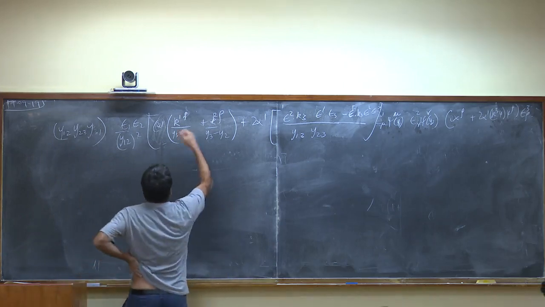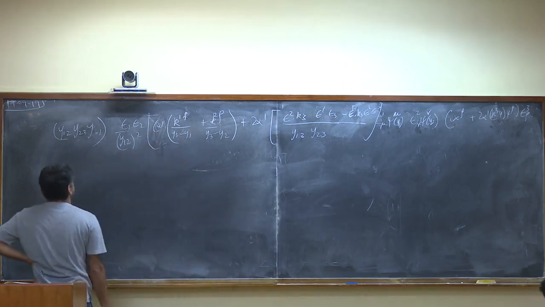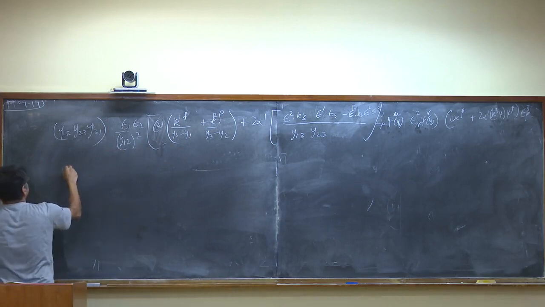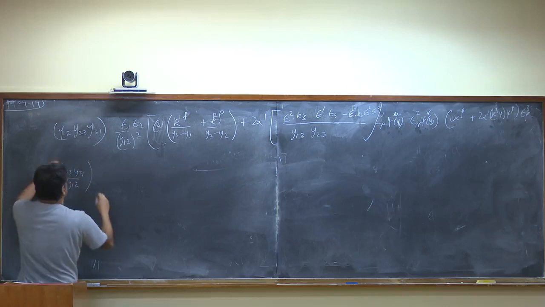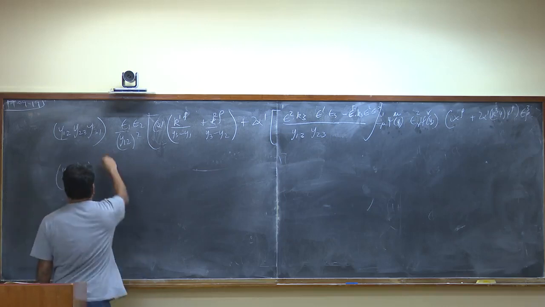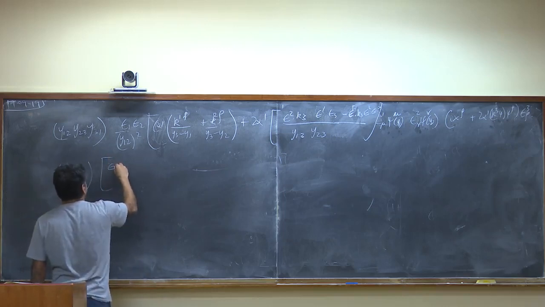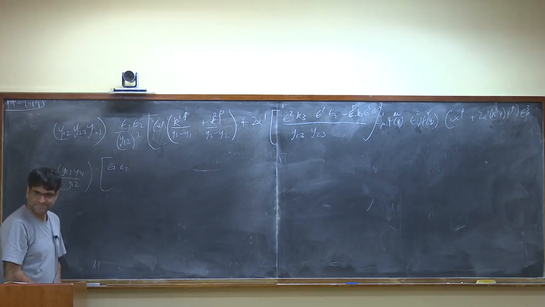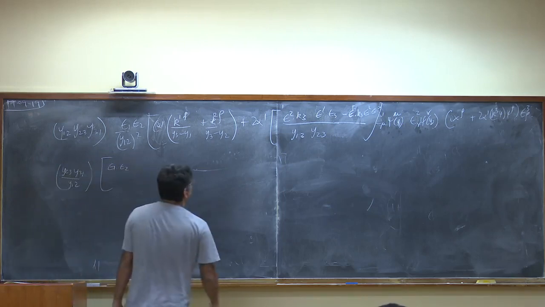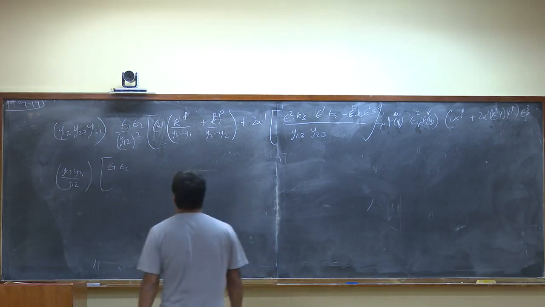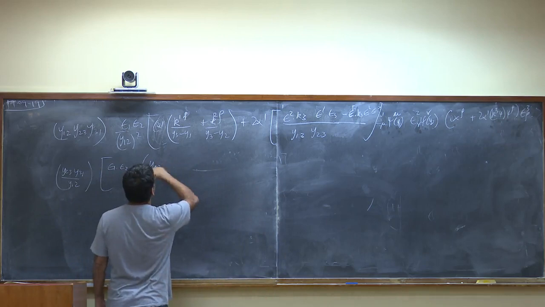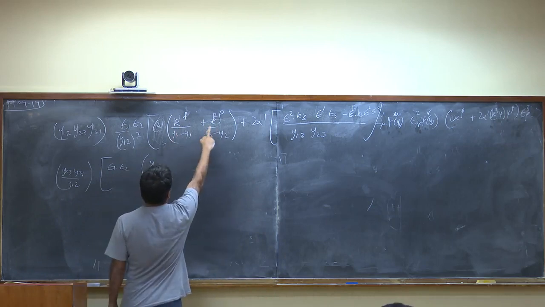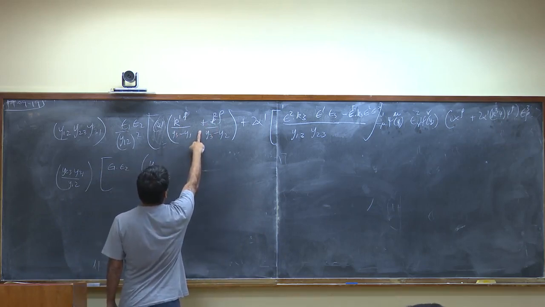Okay, so let's put it all together. So there's y23, y31 by y12, and then there was epsilon 1 dot epsilon 2 into y32.